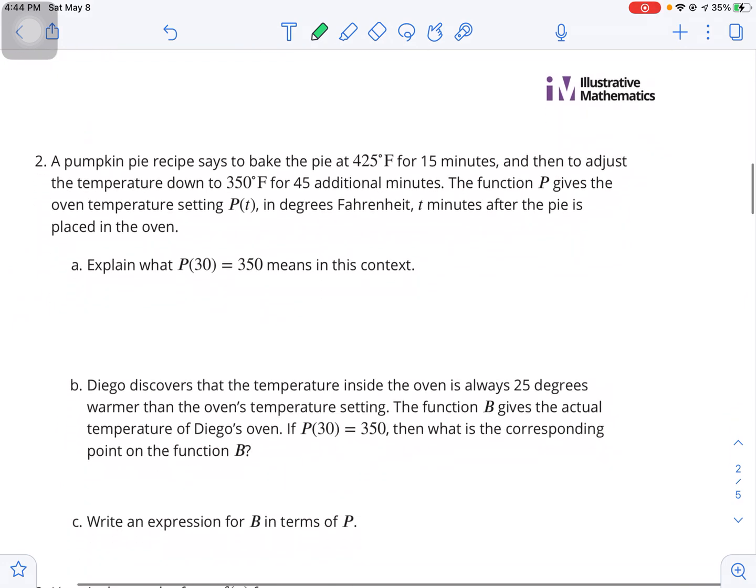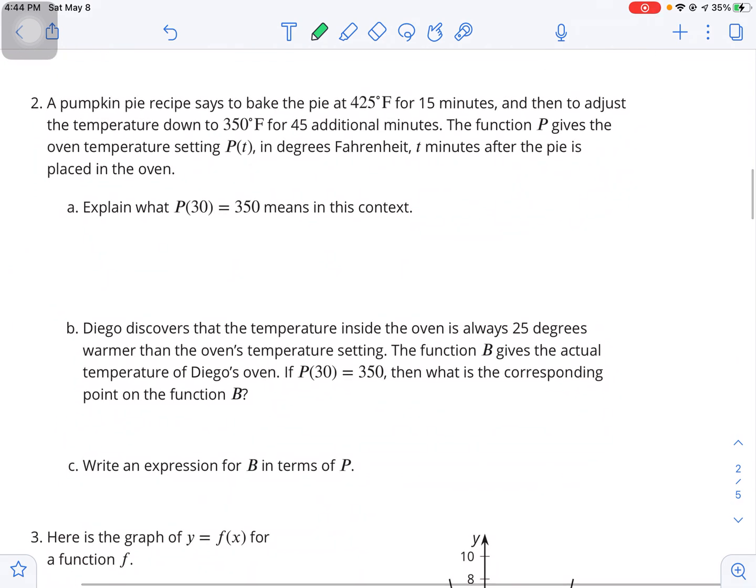So the second one, a pumpkin pie recipe says to bake the pie at 425 for 15 minutes and then to adjust the temperature down to 350 degrees for 45 additional minutes. The function p gives the oven temperature setting p of t in degrees Fahrenheit, t minutes after the pie is placed in the oven. Explain what p of 30 equals 350 means in this context.